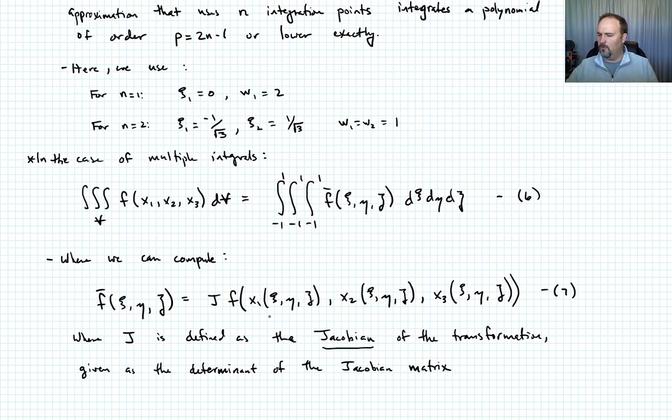Okay, so we could write that J is equal to the determinant of the Jacobian matrix J. Okay, call that equation 8.